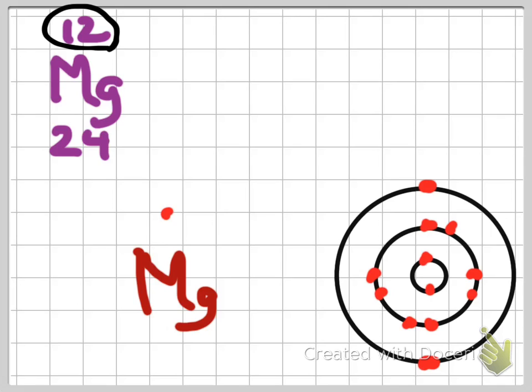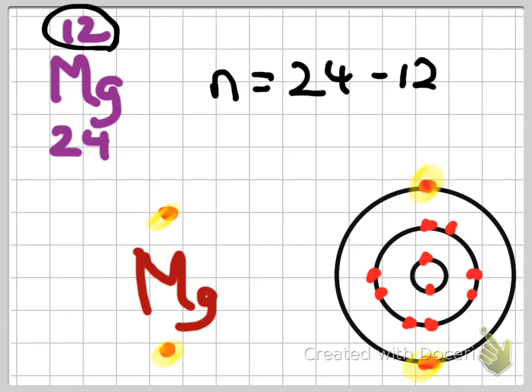And we're just gonna go ahead and put the Lewis structure, and there's 2 in the outer. You see 2 electrons on the outer shell. Okay. Neutrons, remember 24 minus 12, and for magnesium it's gonna be neutrons equal to 12.